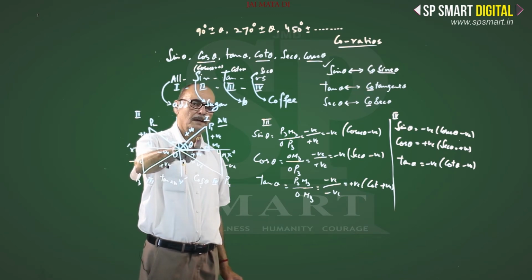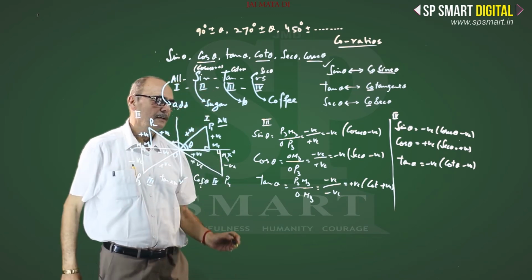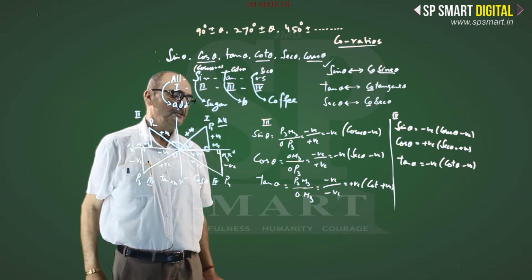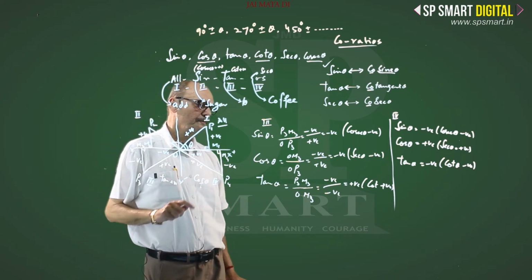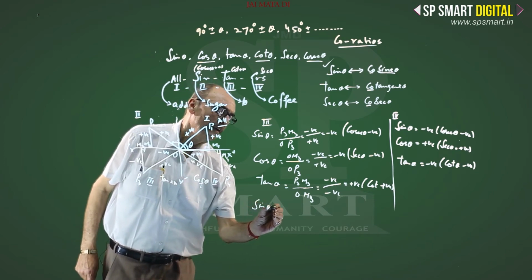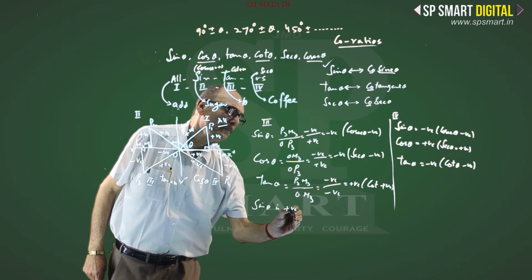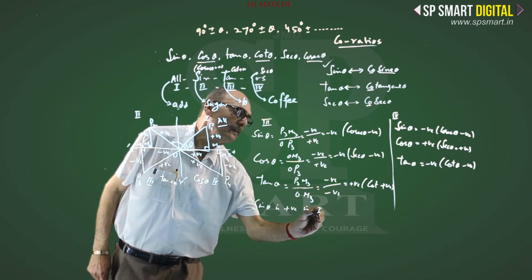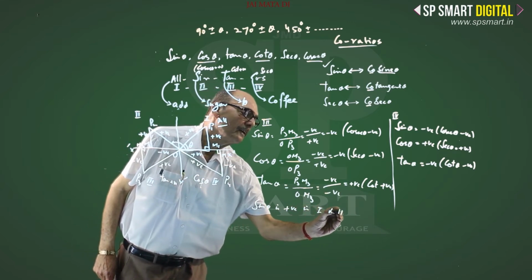That means, if you take sin theta, it is positive in two quadrants. Sin of theta is positive in first and second quadrant.